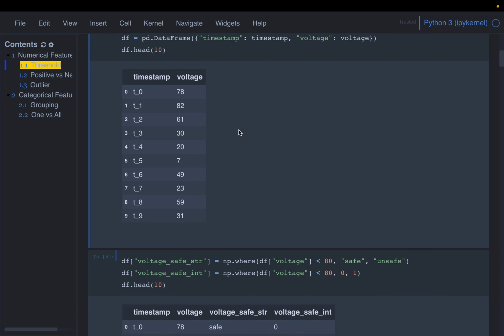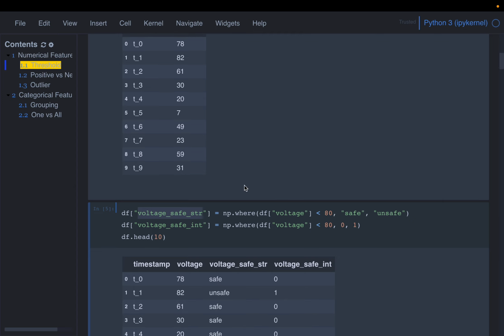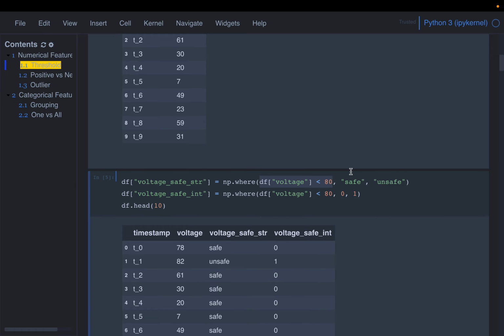So here we are creating a new variable called voltage safe. Is it safe or not? By computing if the voltage is below 80 or not. If the voltage is below 80, then it's safe, otherwise it's unsafe.